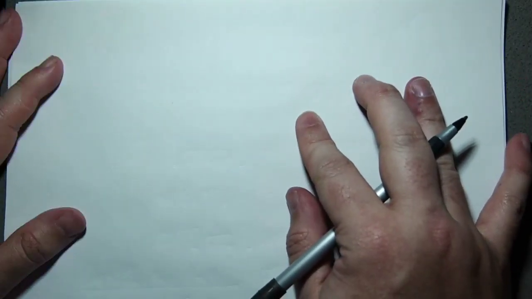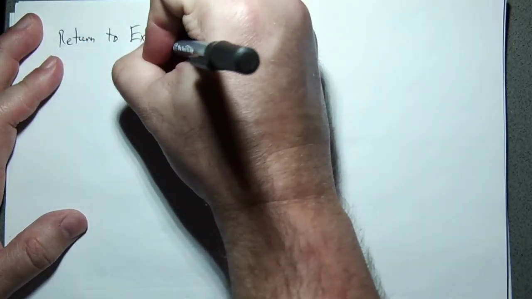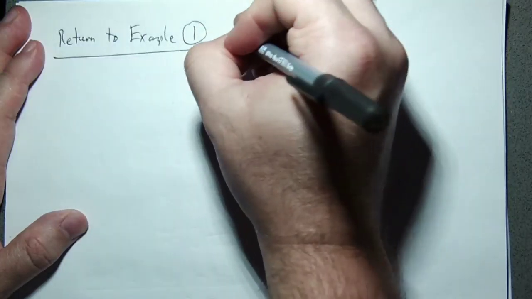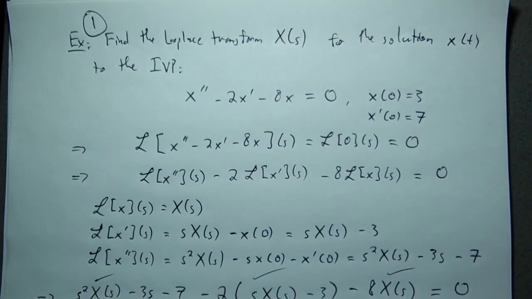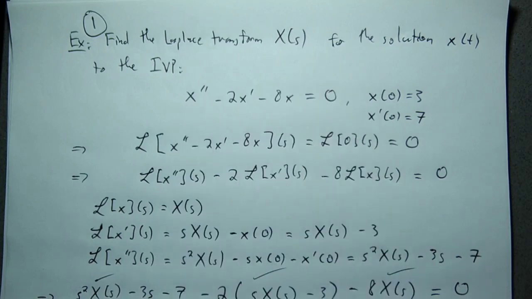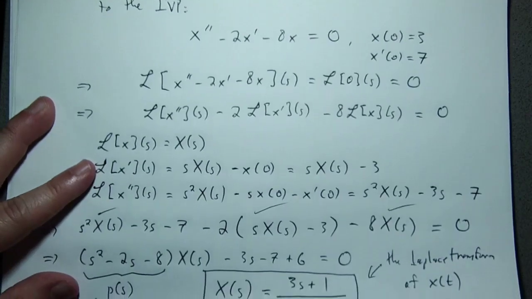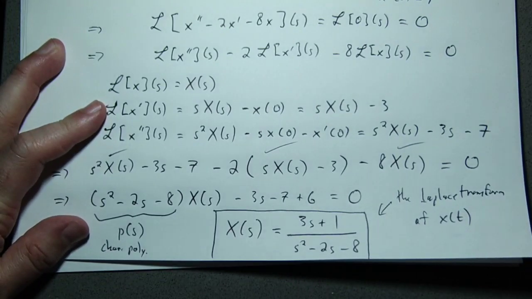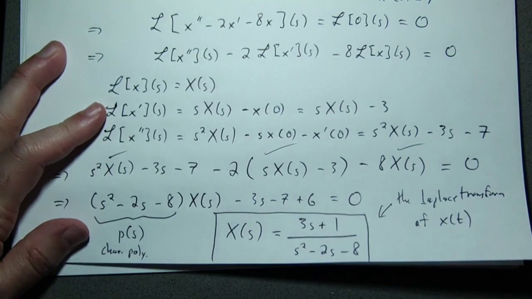Okay, so return to example 1. Let me refresh your memory. I have them stacked over here. Here's example 1. We were asked originally to find the Laplace transform of this solution. How do I find the solution? I hit this Laplace transform with the inverse Laplace transform.